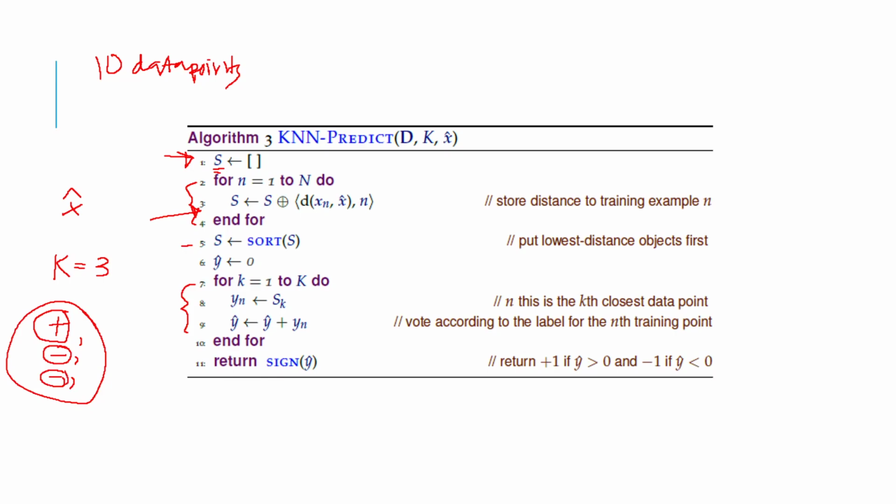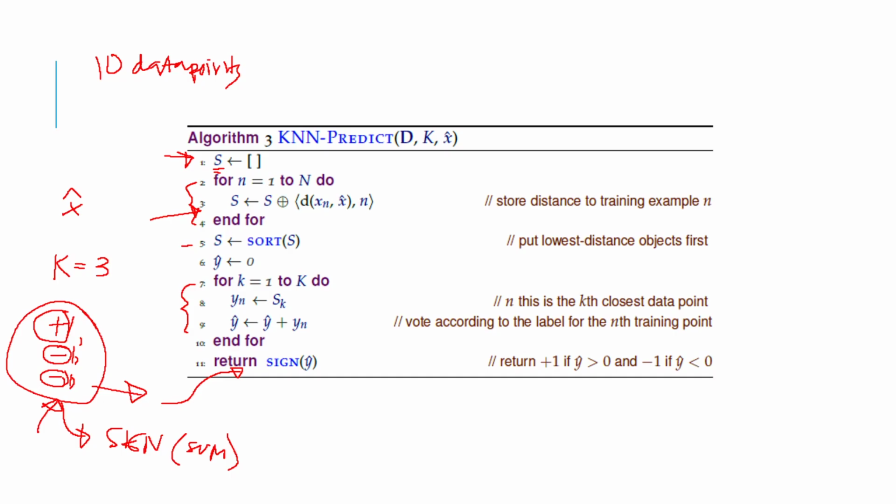We just assign a value of 1 for each, and then add them all up, and the sign of the sum is our prediction or the label, either positive or negative.